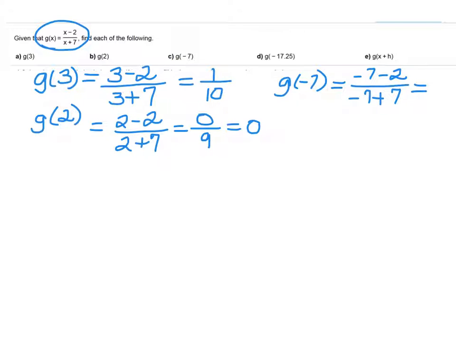And since negative 7 minus 2 is negative 9, and negative 7 plus 7 is 0, we have negative 9 over 0, and since division by 0 is not allowed, then we say that g of negative 7 is undefined.